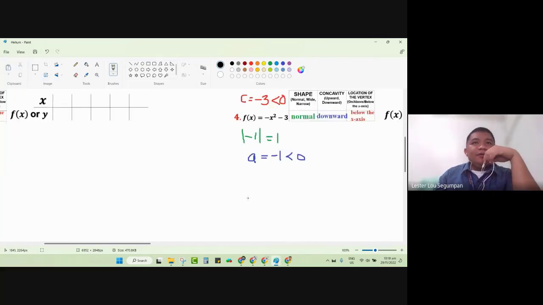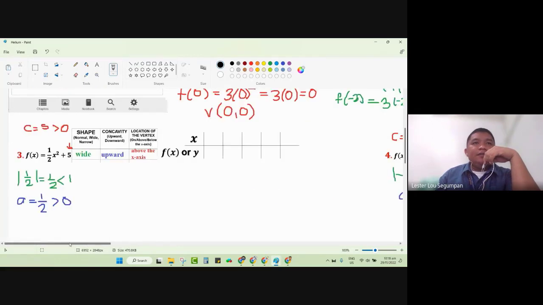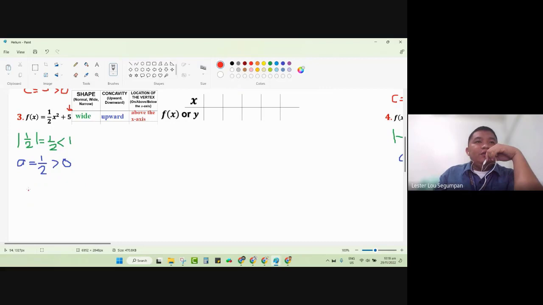Let's proceed to number 3, right? So the predictions are it's a wider parabola, it opens upward, and the vertex is located above the x-axis. Let's find out if it's really true by first solving the point for the vertex.